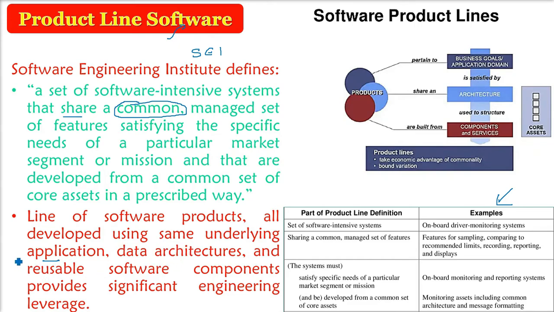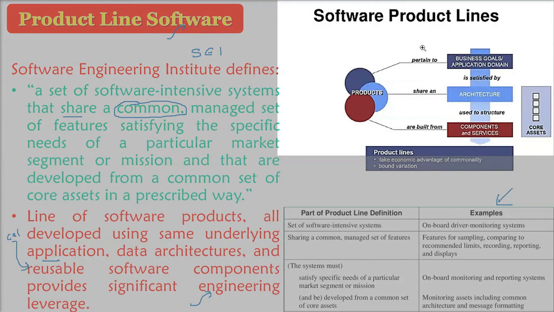This is very important for data architectures and reusable components. For example, a calendar you can use as an already built reusable component. This gives you engineering leverage, because the first application, second application, and data architecture are already known, and you can even reuse the content.